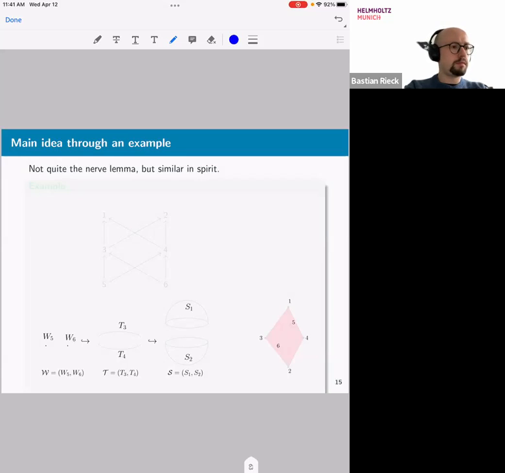So here's an example of how the algorithm actually works. Of course, it needs to be justified, which I'm not going to do in this talk. But suppose you take the case of a sphere, the two-sphere, and then your covering produces two hemispheres, S1 and S2.